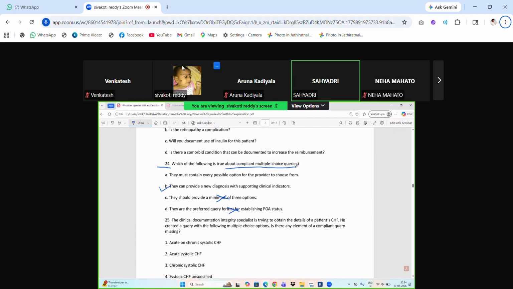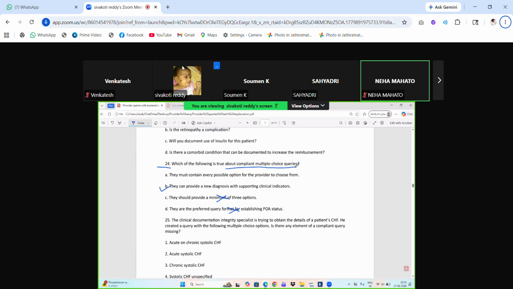We should not give the condition name in a compliant query, correct? We can give options, but we should not mention the condition name directly.